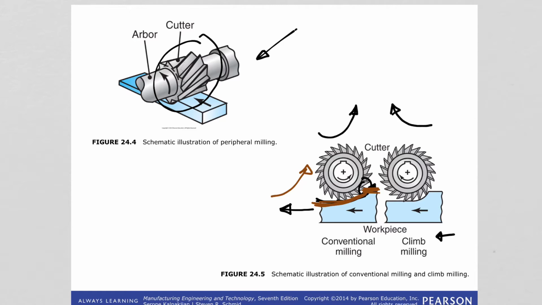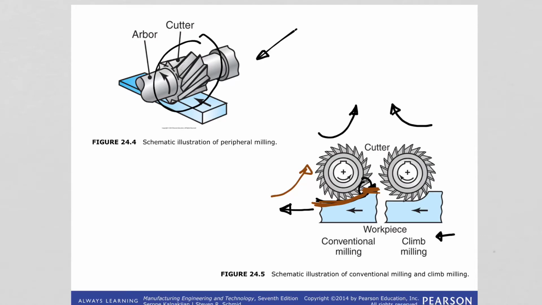So therefore, as you might imagine, this action actually tends to loosen the work from the fixture. So you need greater clamping forces because there can be chatter, and therefore proper clamping of this workpiece on the table is important in this operation.